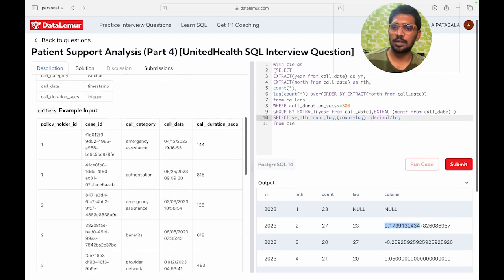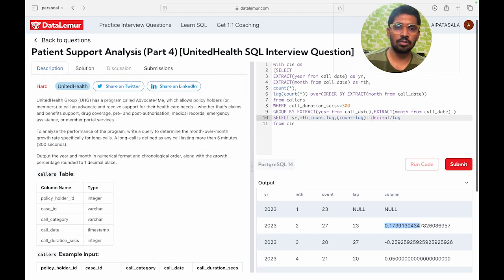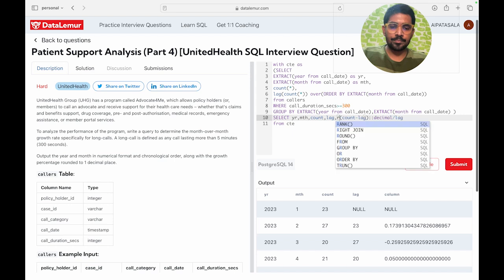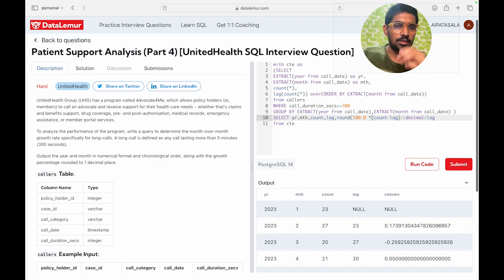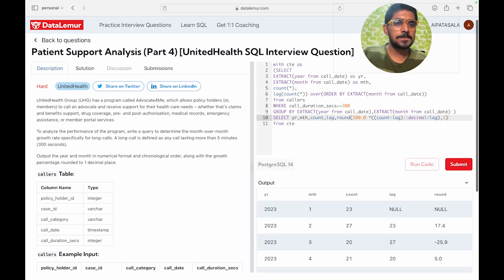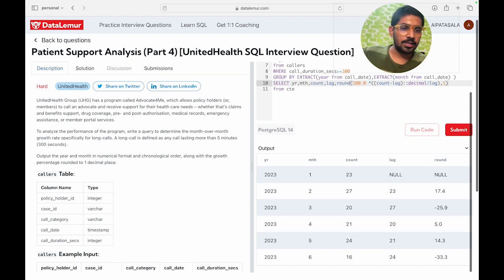It should be rounded to 1 decimal. Before that I need to multiply with this. Comma 1 decimal. Okay, 17 minus 25. Okay, got it.